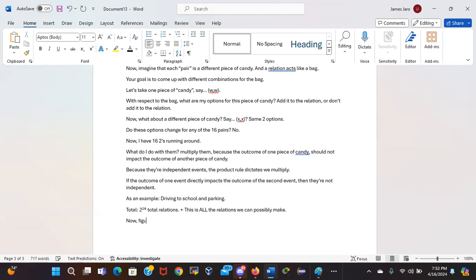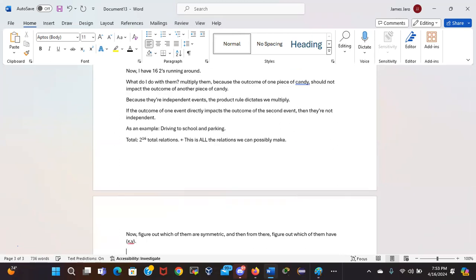Now figure out which of them are symmetric, and then from there figure out which of them have xy. That's my hint. So step one is to figure out how many of those relations we made are symmetric, and then from there figure out which of the symmetric relations have xy.